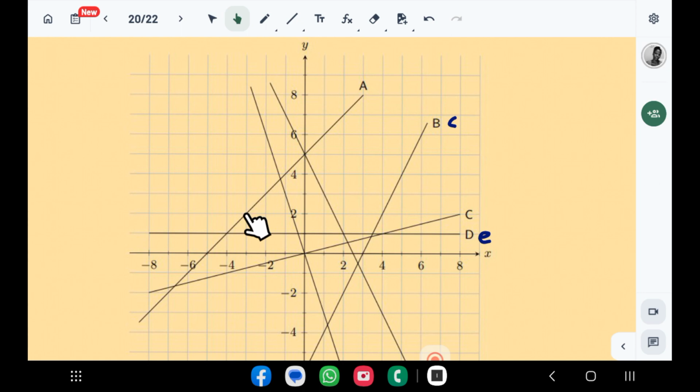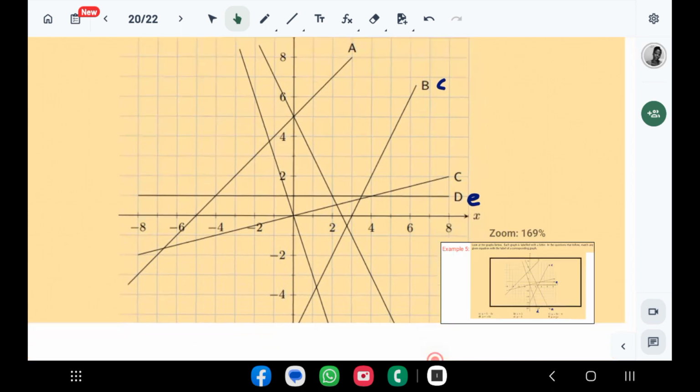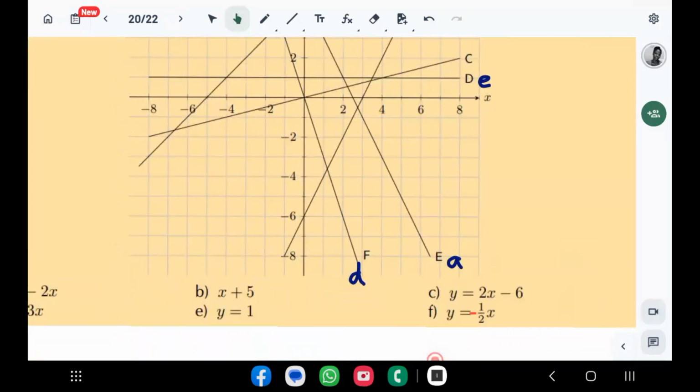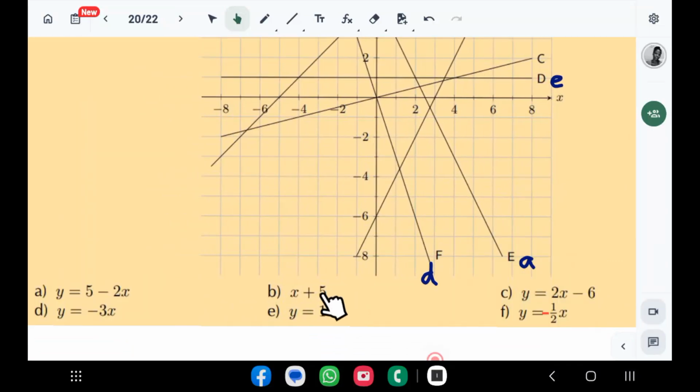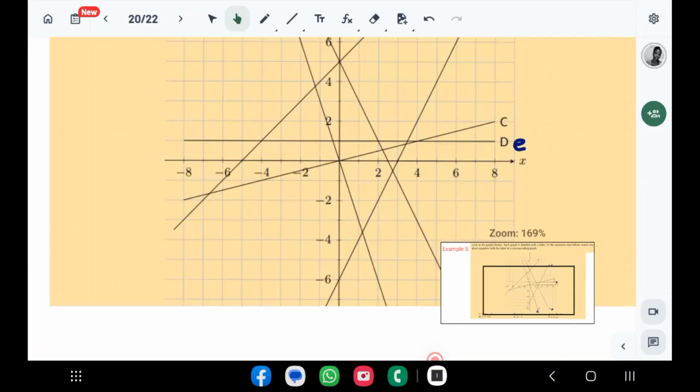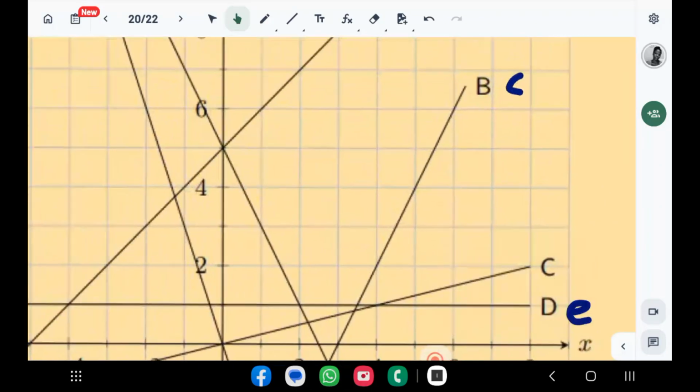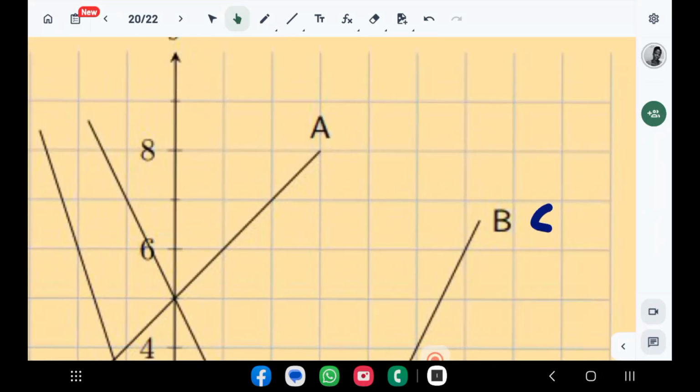So the gradient should be 1x. Okay, the x-intercept is 5. There, it's number B. Number B goes with A.